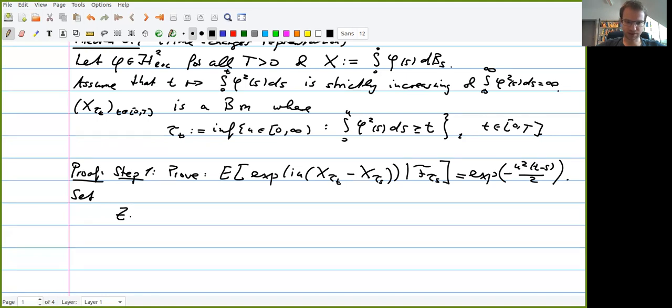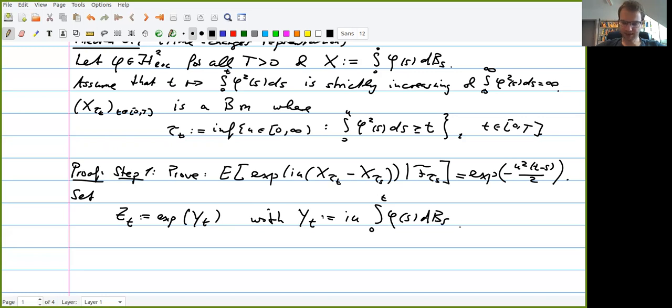So let us introduce 2 auxiliary processes. The first one is z, which is just the exponential function of a process y. And y is defined as follows. Again, we work with complex valued processes, which is rather helpful, as we have seen already in the last video. And this is our process.